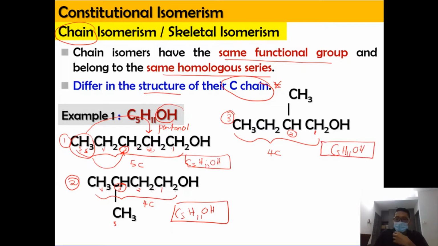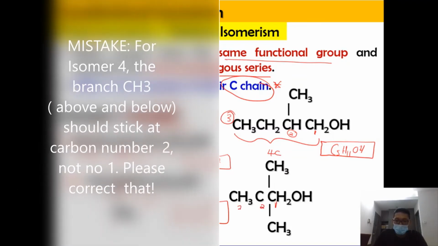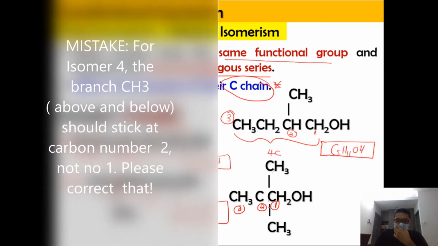Okay. And for this part, we can further reduce the carbon chain to 3 carbons. 1, 2, and 3. So now we have 2 attachments at carbon number 1.